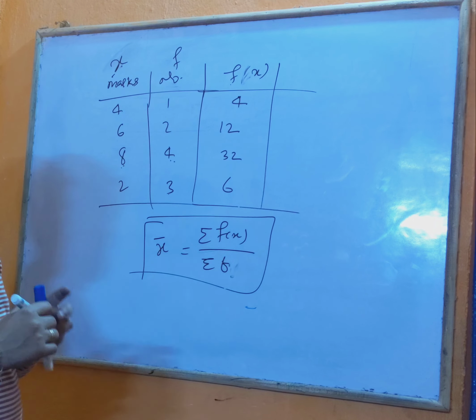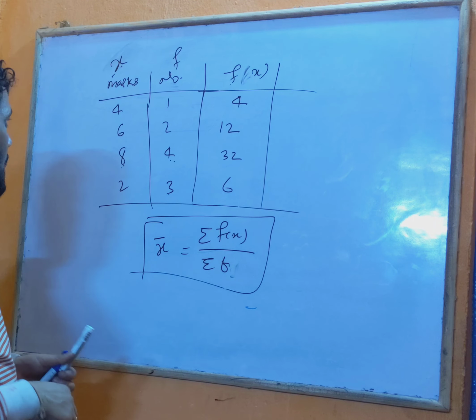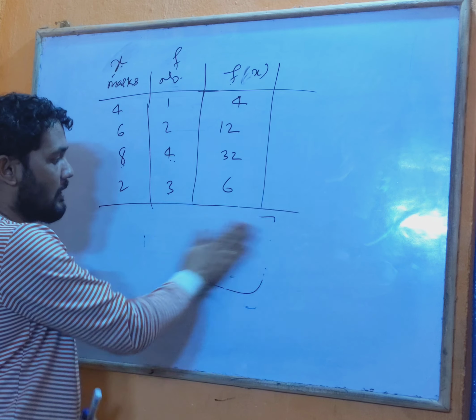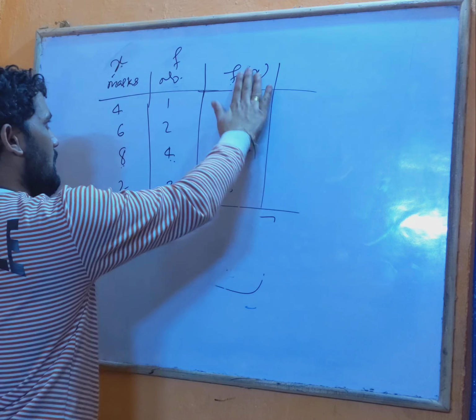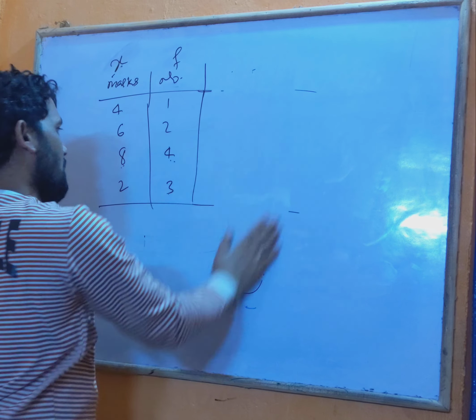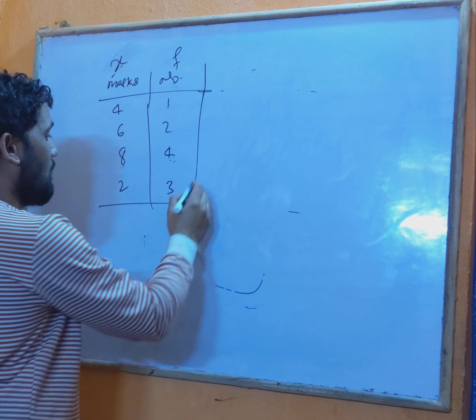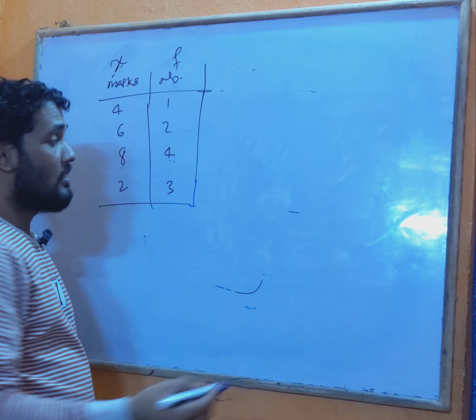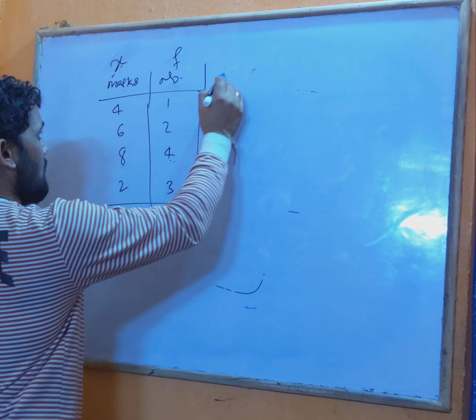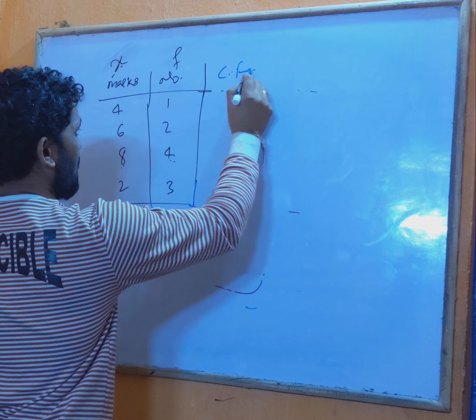So this is your formula to find the mean for these types of data. If anybody asks about the median for the same data, to find the median we have a new terminology, and that is cumulative frequency, CF.